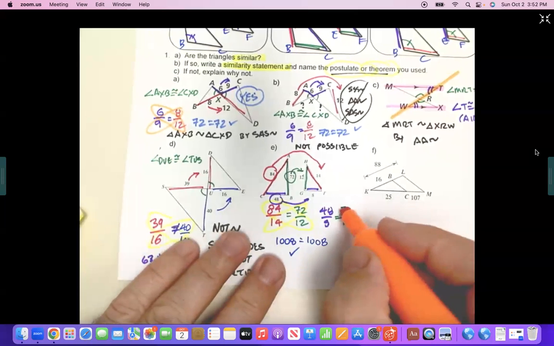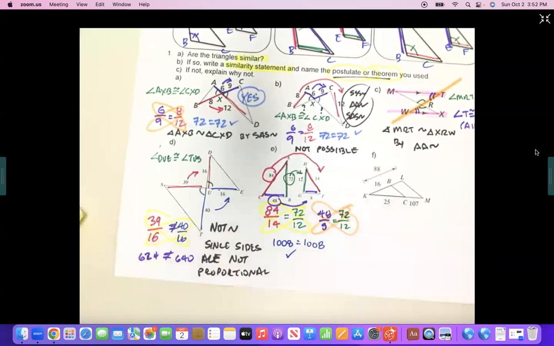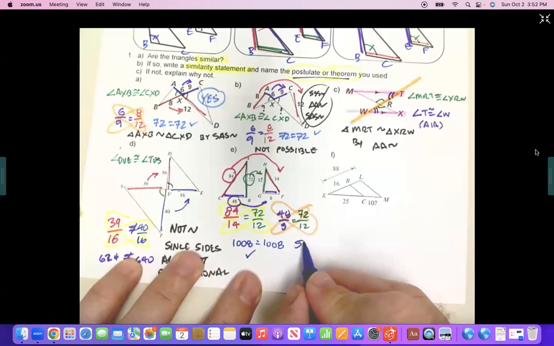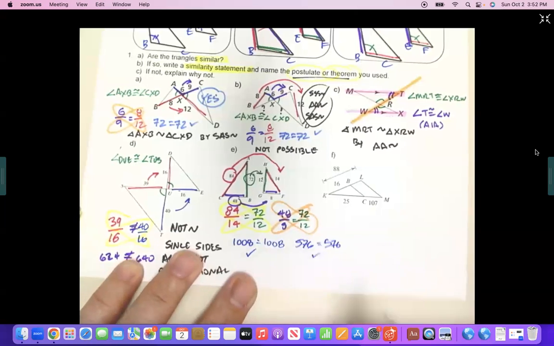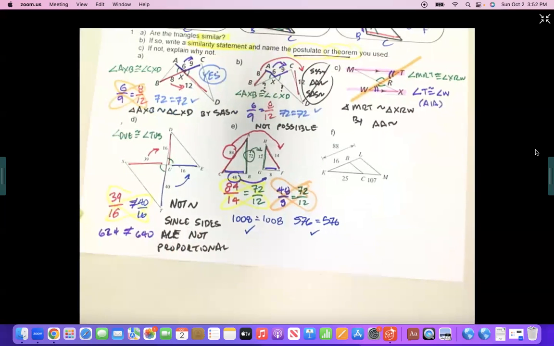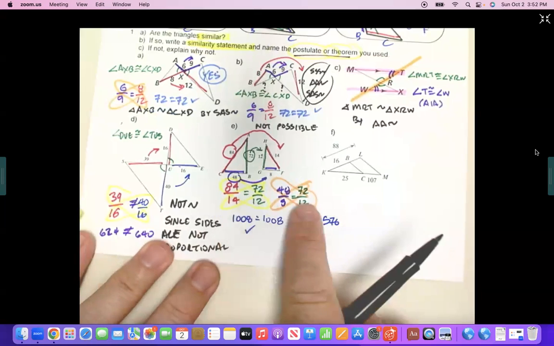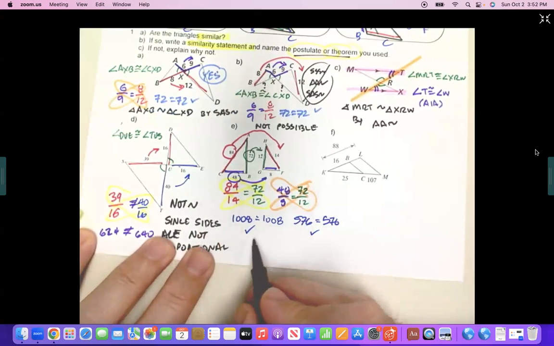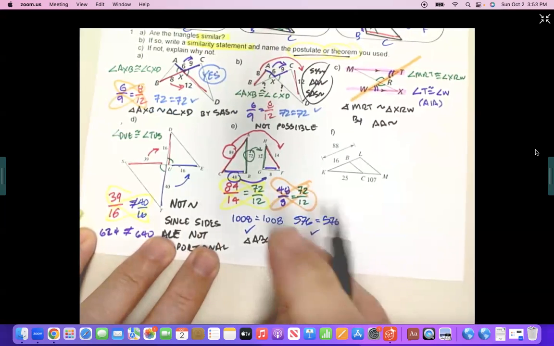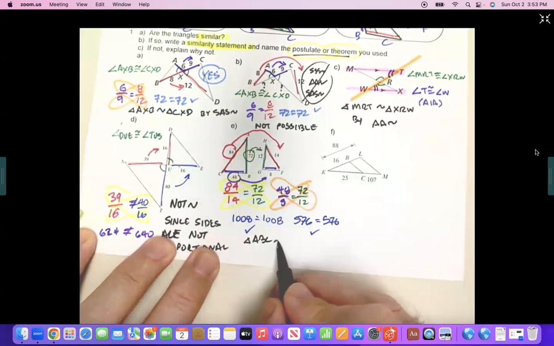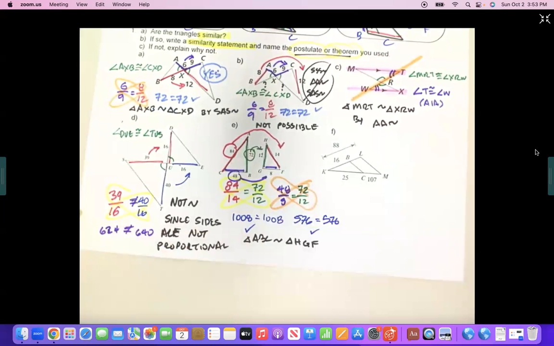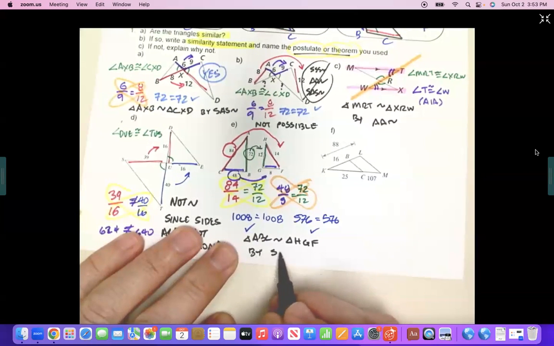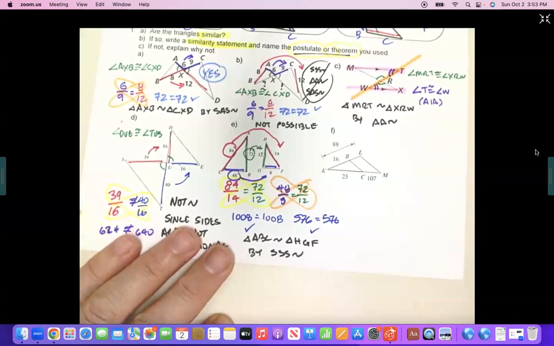But we're going to do our cross products. 48 times 12 gives us 576. 8 times 72, believe it or not, also gives us 576. Since both of those are equal to each other, we know that both of these proportions are true. Therefore, triangle ABC on the left has to be similar to triangle HGF on the right, and we know this by the side-side-side similarity postulate.